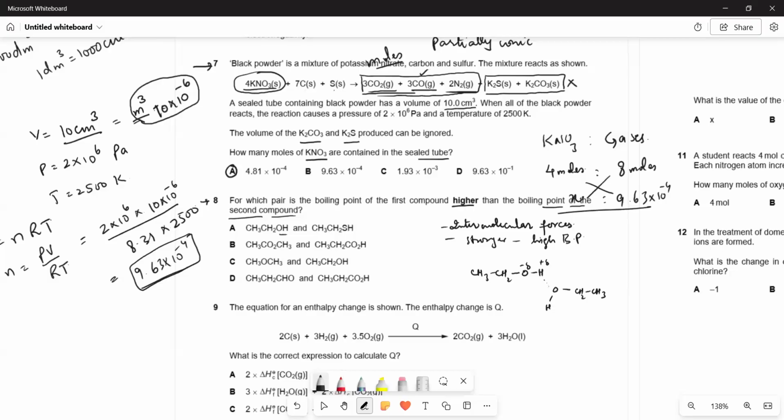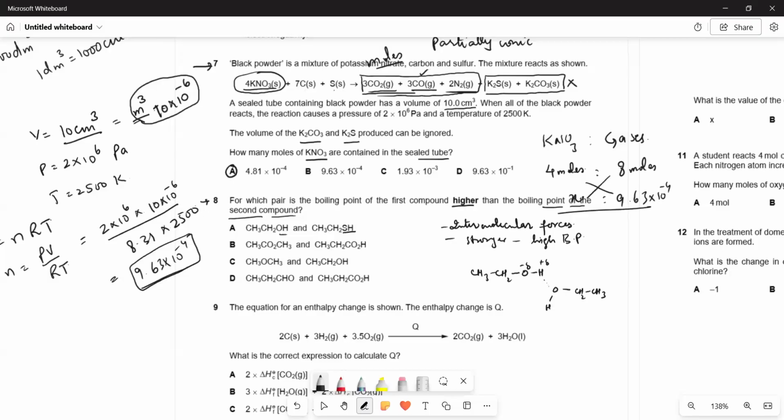Hydrogen bond is a stronger intermolecular force as compared to simple attractive forces. So this one has stronger intermolecular forces than the other.